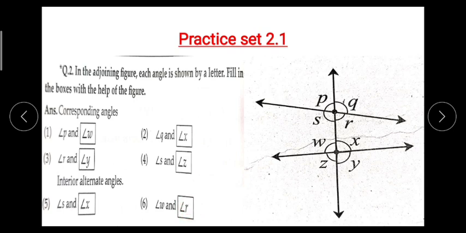So here we have completed question number 1. Write down this question, everybody, in your notebook.